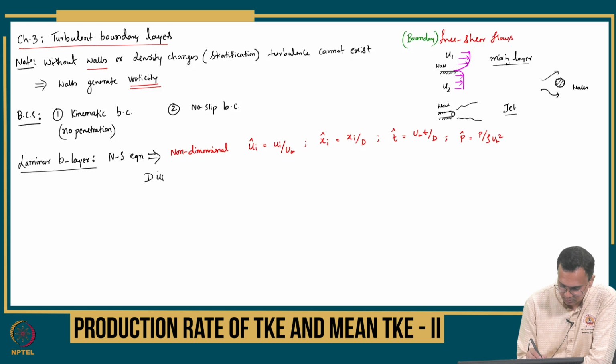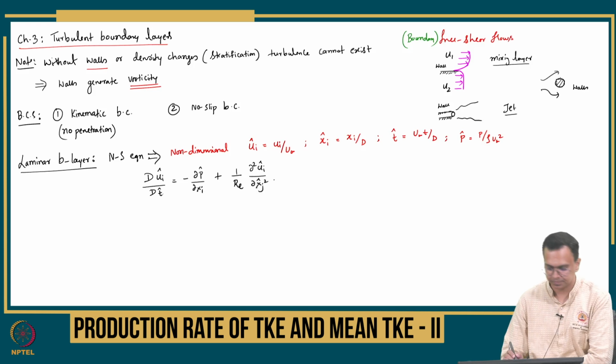If I do this, I can write my non-dimensional form of the Navier-Stokes equation as du_i cap by dt cap, I am writing in terms of the material derivative, equal to minus dou p cap by dou x_i cap plus 1 by Reynolds number dou square u_i cap by dou x_j cap square.